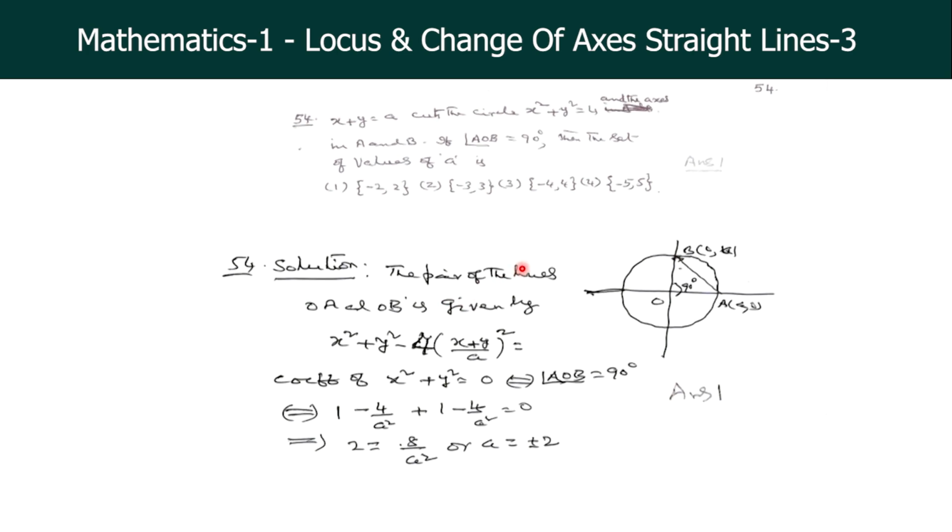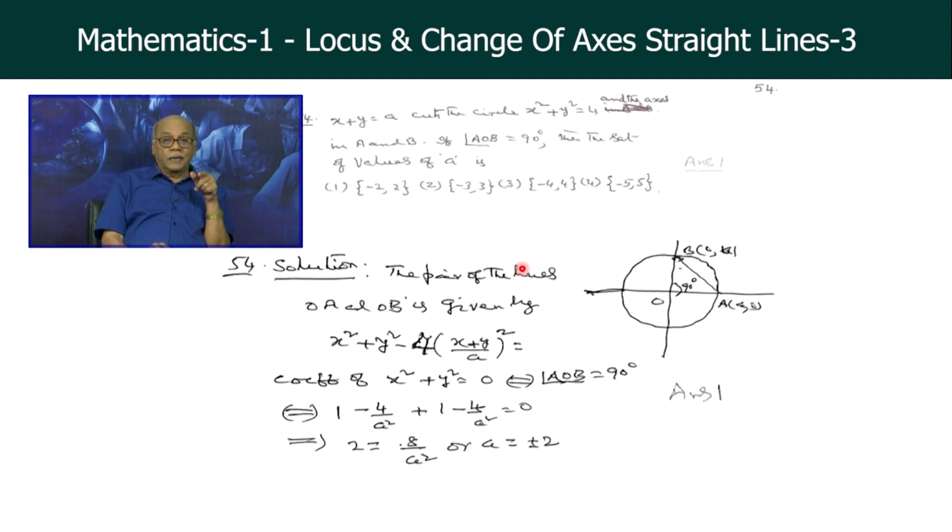And now you know the formula that if a straight line Lx plus my is equal to 1 cuts a second degree curve in 2 points A and B, then the combined equation of the pair of lines OA and OB, where O is the origin, is given by the homogenization process.